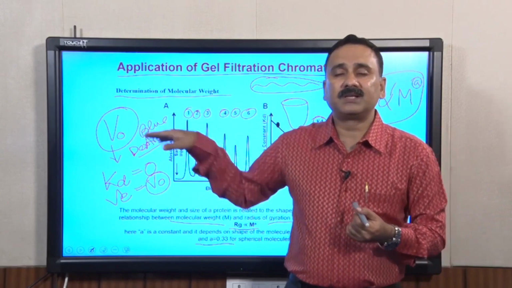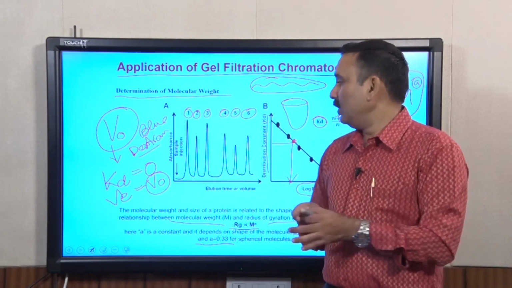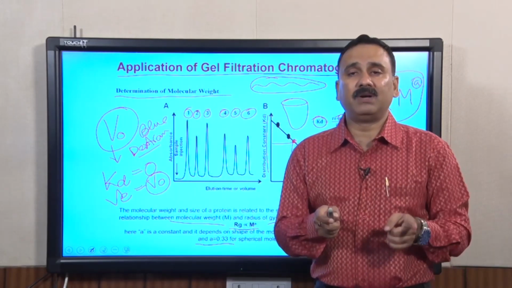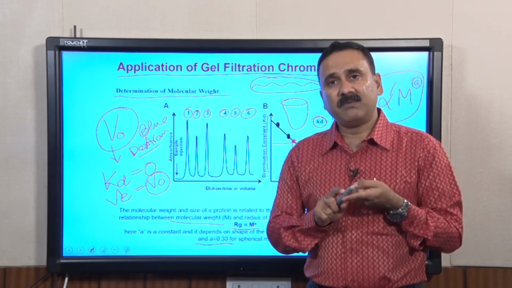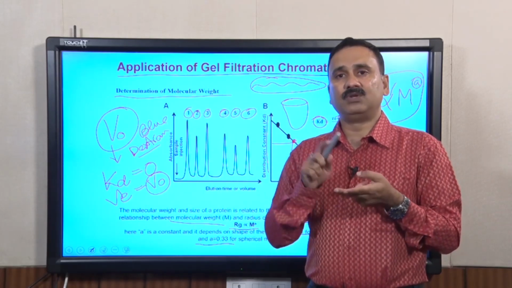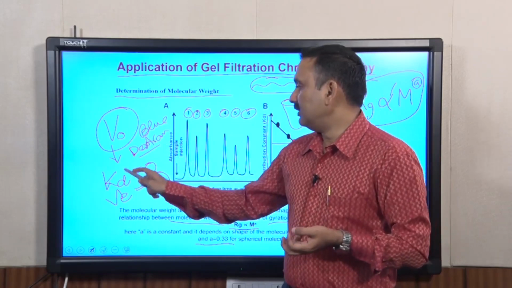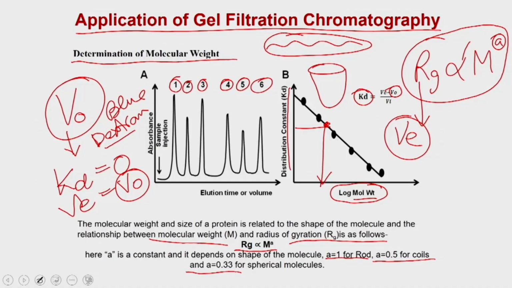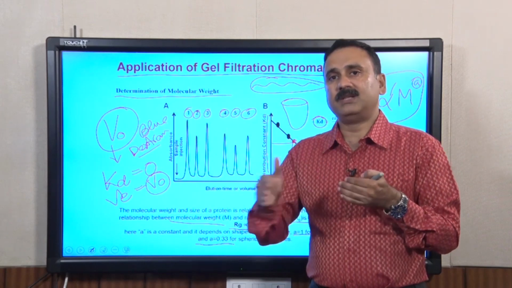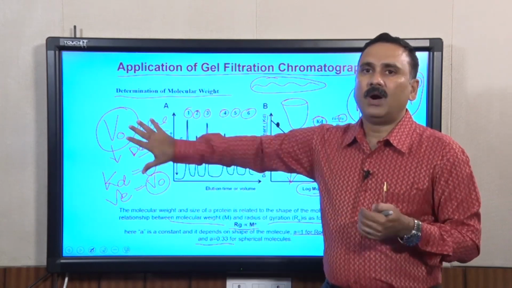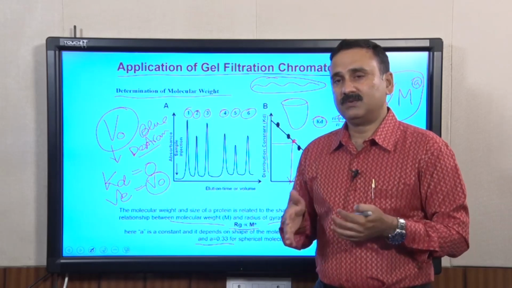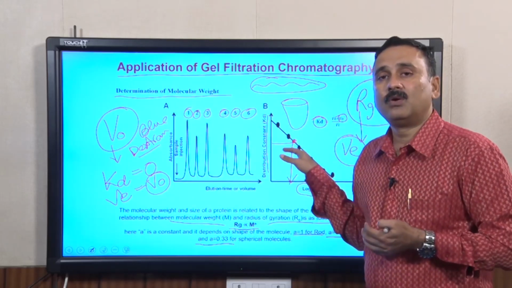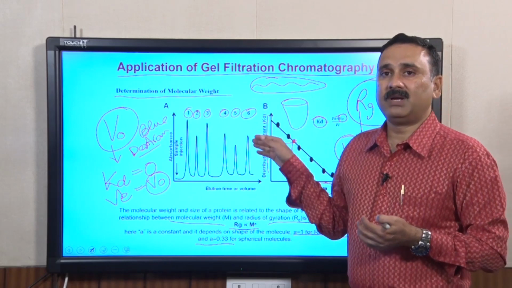You can just get the elution volume of the blue dextran, and that is going to be the void volume of this particular column under that particular condition, which means if you change the pH, the temperature, or the packing, both the void volume as well as the Kd values will change. All these things are relative. As soon as you change the packing and other conditions, all these parameters change, which means the calibration curve will not hold for that column.